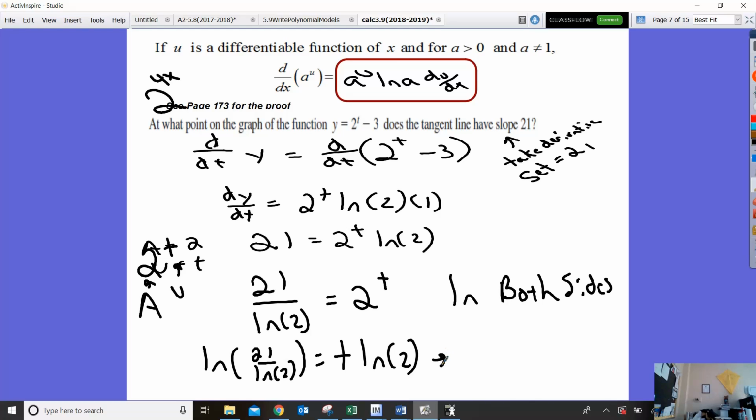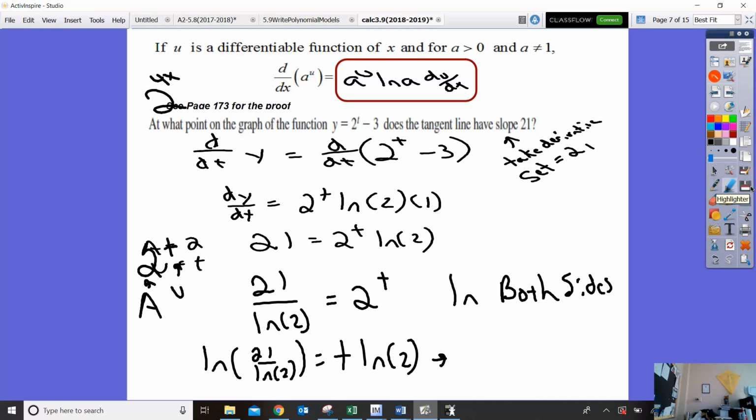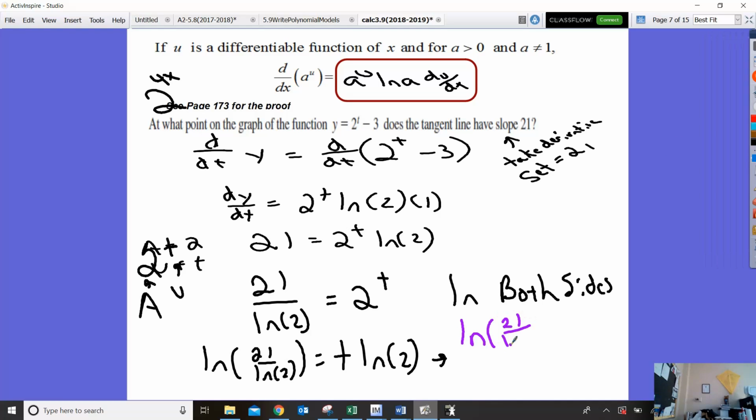Then we can do our isolation. So we do your isolation. There's your t, in its pretty beautiful form.